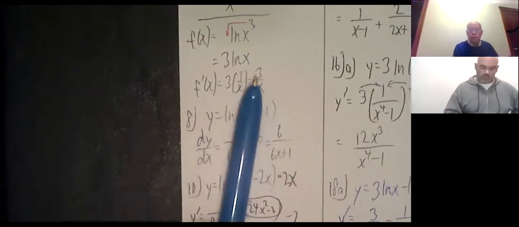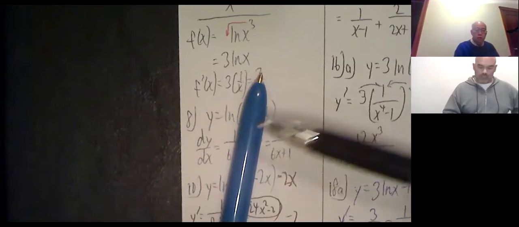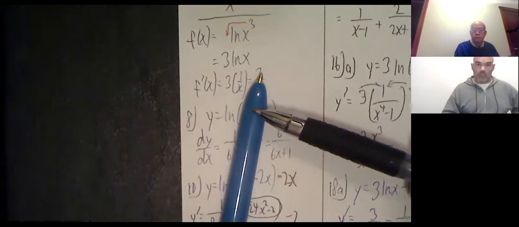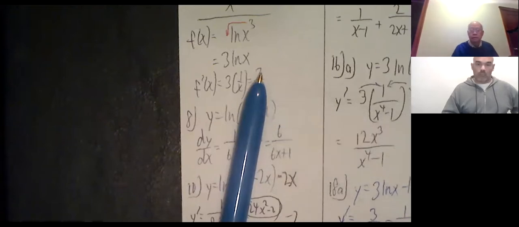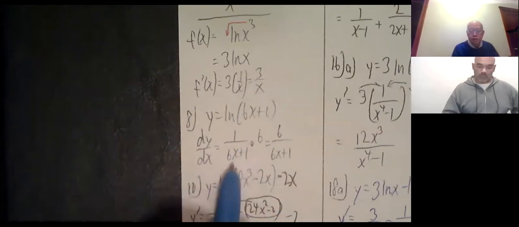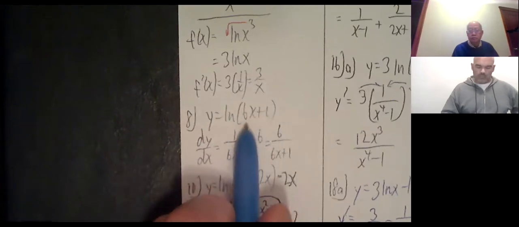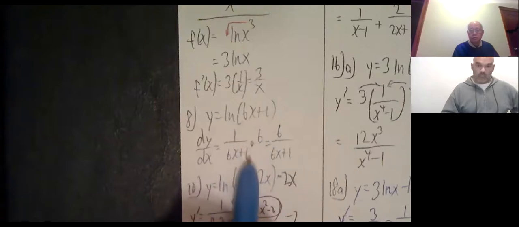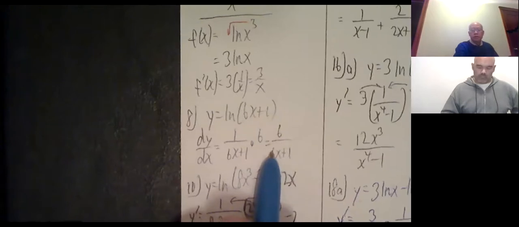Okay. So in general, you would go 1 over whatever is behind my pen, and then times the derivative of the inside function. So 1 over 6x plus 1 times the derivative of 6x plus 1, which is just 6. And well, 1 times 6 is 6. So final answer, 6 over 6x plus 1.